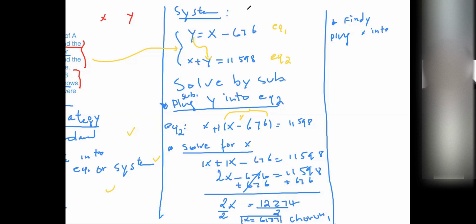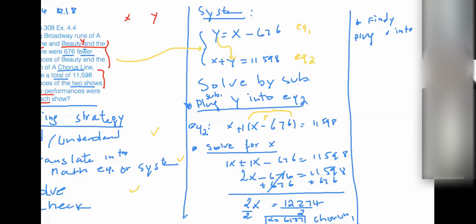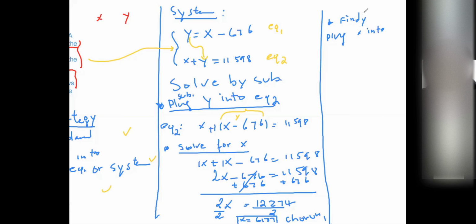Which one seems more convenient and easier? The y equals x minus 676. That's right. We're looking for y. We can use either one, but this one already has y by itself. So we put the x here and find the y. Plug x into equation 1. Or you can use the other one, but this one is easier.